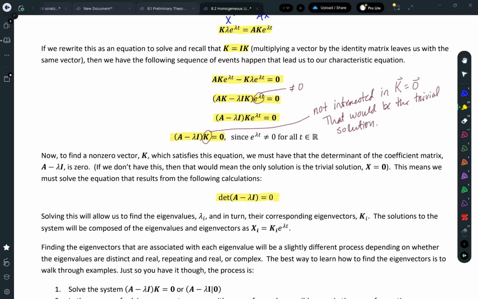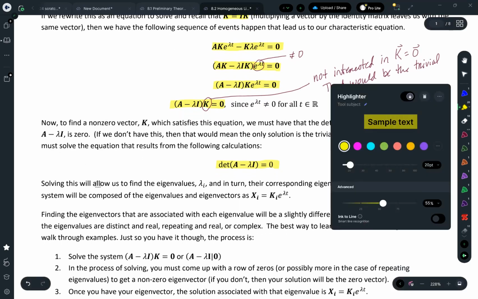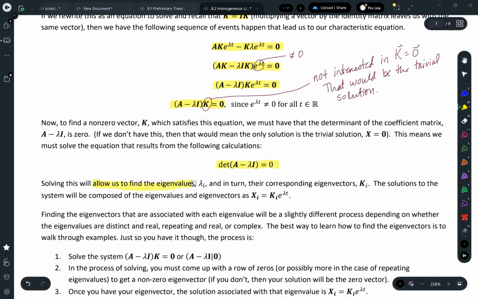So solving this determinant equation is going to allow us to find the eigenvalues, lambda I. And once we can find the lambdas, then we can find their corresponding eigenvectors, k sub I. And the solutions to the system will be composed of the eigenvalues and eigenvectors.